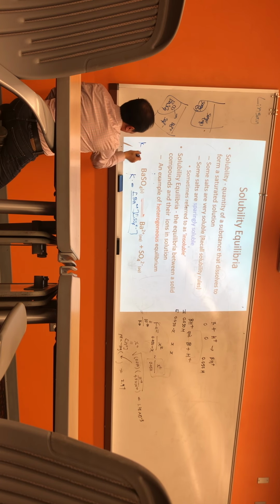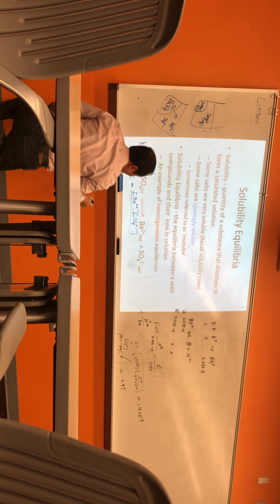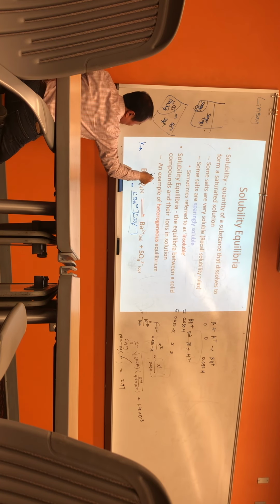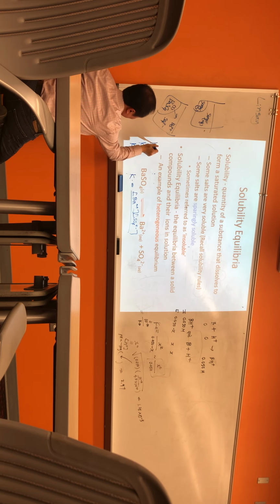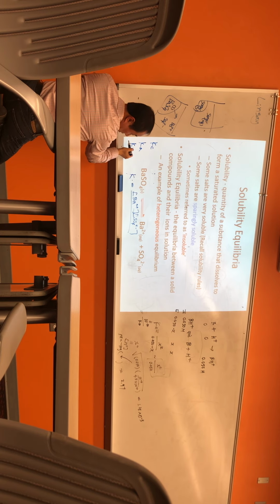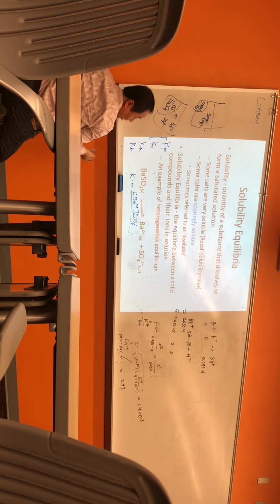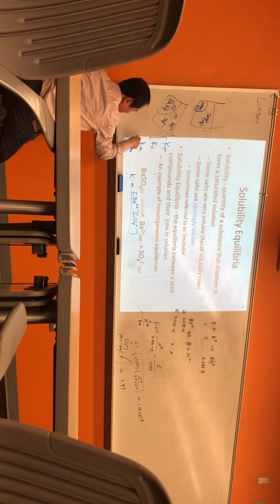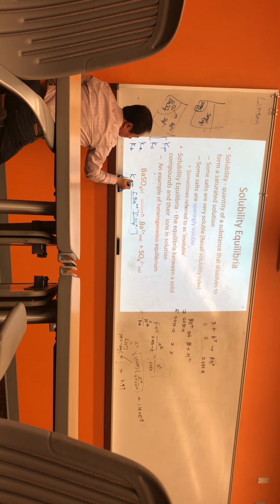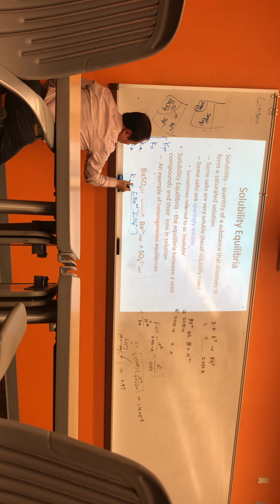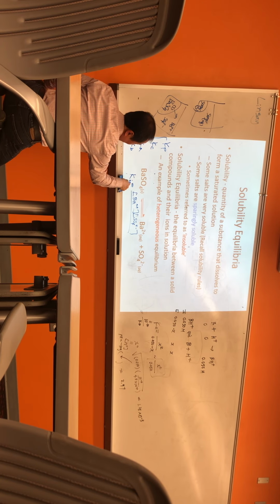Now, the equilibrium constant for an acid, if you have an acid on the reactant side, is Ka. For a base, it will be Kb. If everything is written in terms of concentration, in general it will be Kc. If it's written in terms of pressure, it's Kp. This is more like a general term, this is more specific for acid, and this is specific for base. In this case, you have a solid, right? So we say solubility product. This constant is called the solubility product, Ksp.